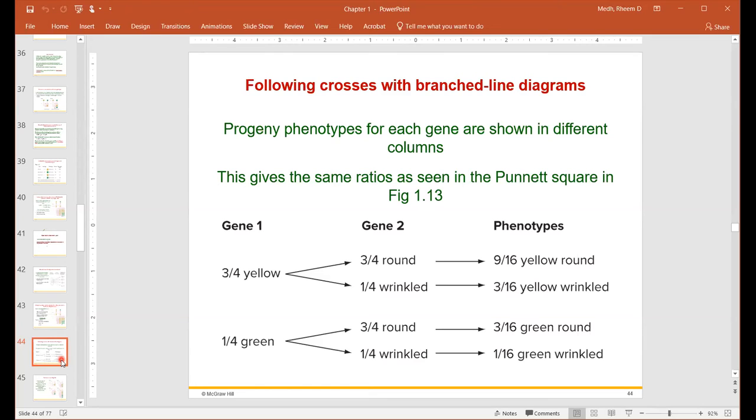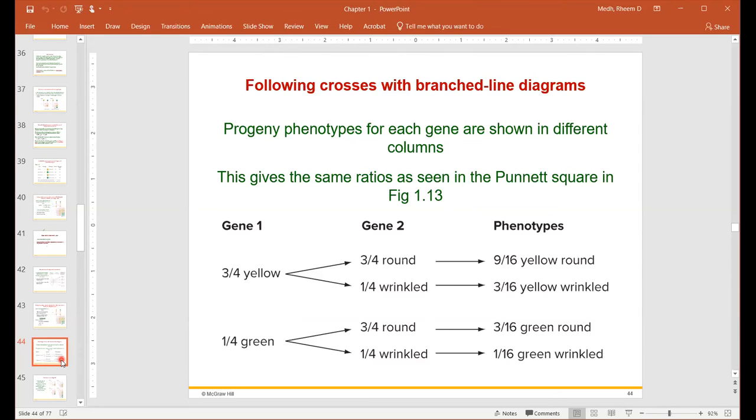So this is yellow, this is round, and this is wrinkled. How many will be yellow and round? 3 out of 4 times 3 out of 4. How many will be yellow and wrinkled? 3 out of 4 times 1 out of 4. And then 1 out of 4 is green. Out of that, 3 out of 4 will be round, and 1 out of 4 will be wrinkled.